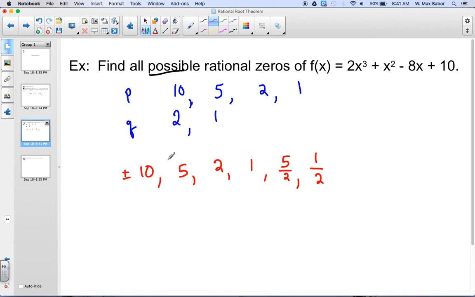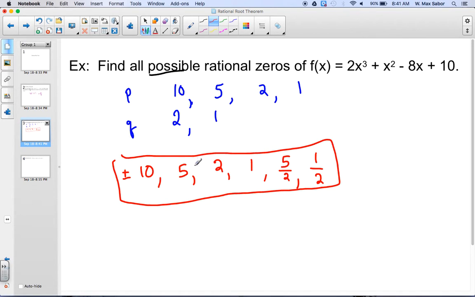So these are the 12 different possible roots: plus or minus 10, plus or minus 5, plus or minus 2, plus or minus 1, plus or minus 5 halves, plus or minus 1 half. So those are all the possible rational zeros. Now it's worth noting, because this is a degree 3 polynomial, there can be at most 3 zeros, and they don't even all have to be rational. But these are the possible ones.